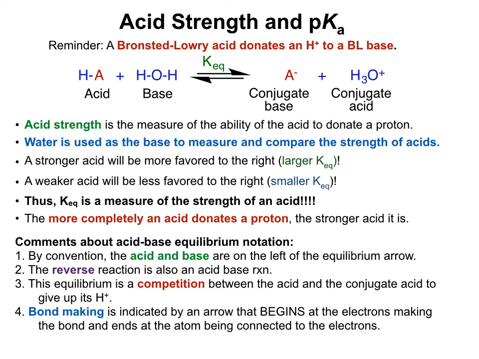They're favored to the left, but they have a significant amount of proton donation from the acid to the base. And so some acids are actually favored to the left, and we're going to call them strong acids. A weaker acid will be less favored to the right. So for a weak acid, we have very little proton donation from the acid to the base, that is to water in these particular cases.